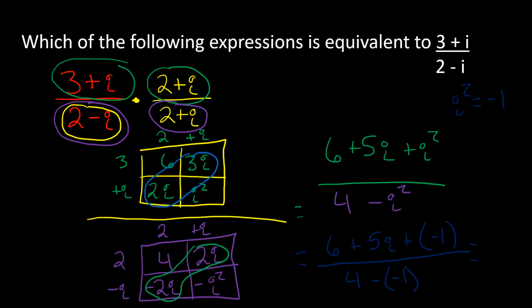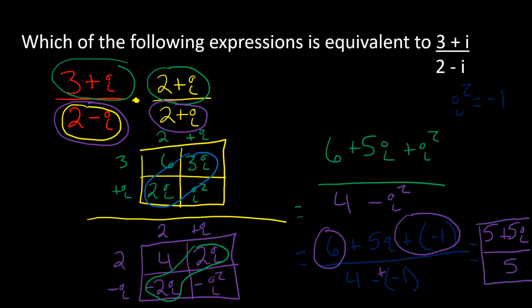So we need to combine the 6 with a plus negative 1. Well, that's just negative 1. So 6 minus 1 is 5, plus 5i over, okay, 4 minus negative, it becomes plus. So 4 plus 1 is 5. And this would give you your answer. And you'll notice here that we no longer have i's in the denominator, which was our goal.